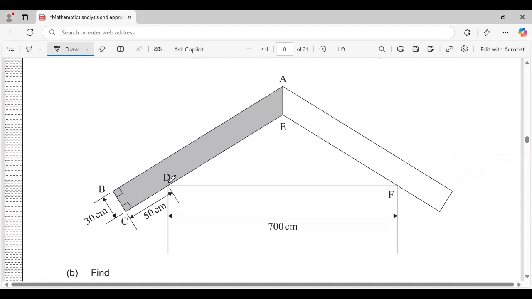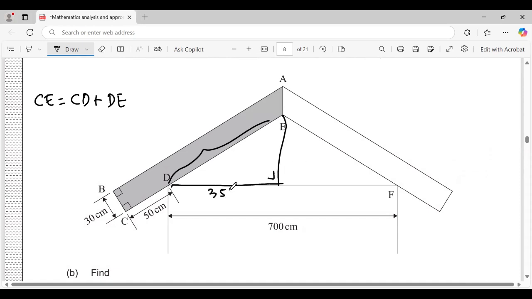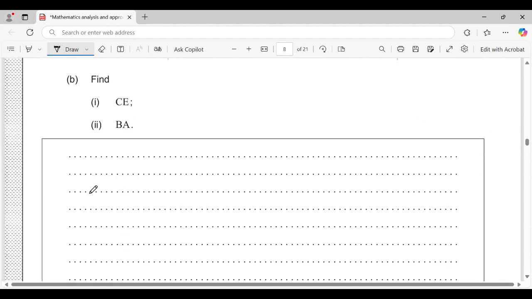To find CE, we need to find DE first, because CE equals CD plus DE. To find DE, I will create the right angle triangle like this, okay, which is this is 360, and this angle is 59.74. Right.